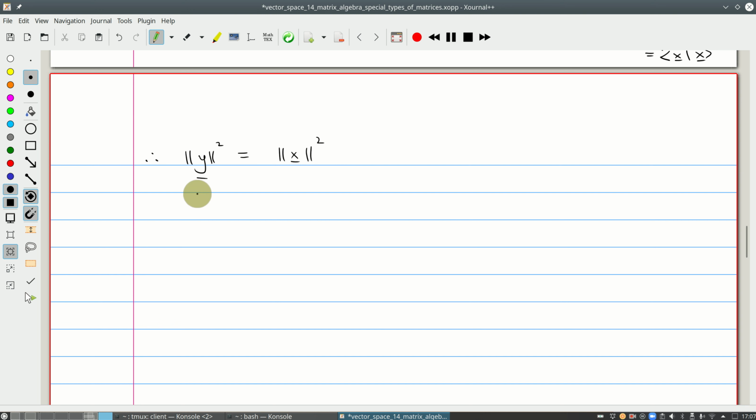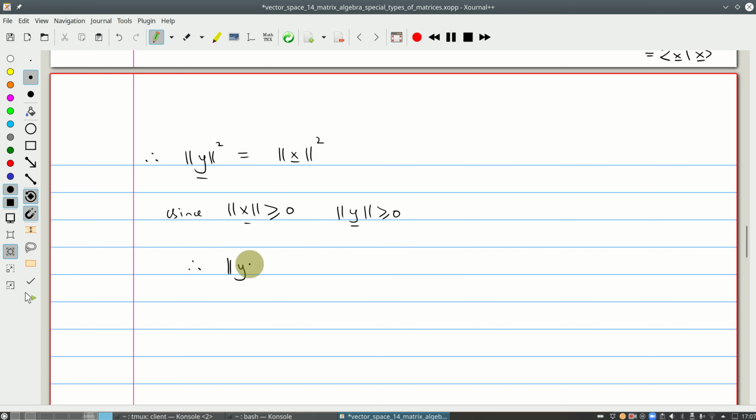Now, since the norm of any vector is greater than or equal to 0, we can take the square root on both sides, and we have only one possible solution, the positive one. We don't have a negative one. So that's why you need this here.